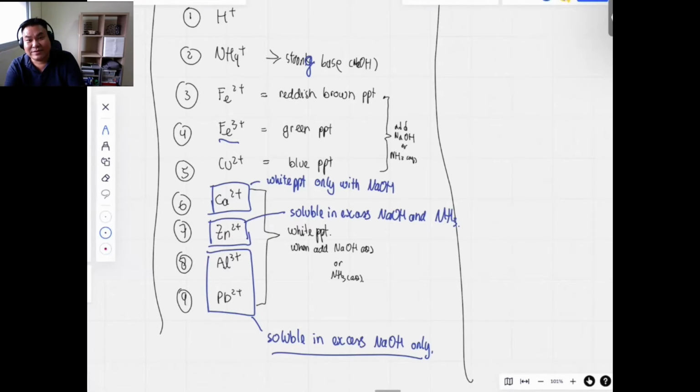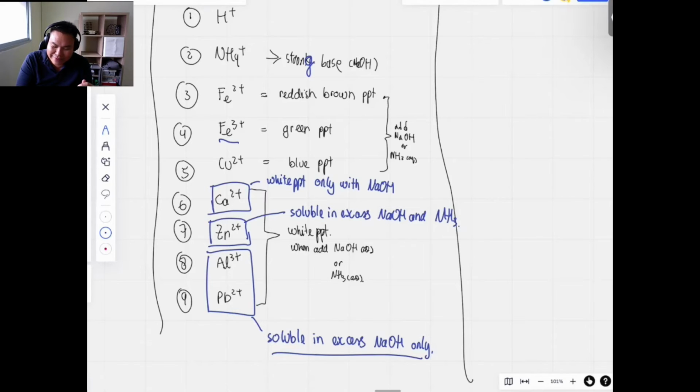Because NH4 plus also uses sodium hydroxide. But from 3 to 9, you're going to get a precipitate. Number 2, you produce a gas instead.